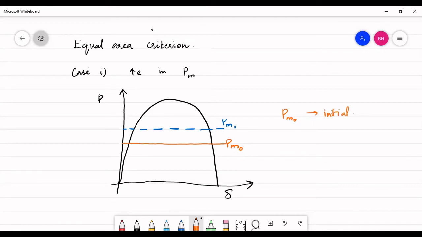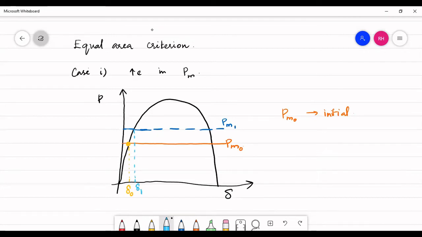So as your value is increased a little, initially we have this to be the initial operating point. So the angle corresponding to the first mechanical input, let it be delta naught, and after the increase in the mechanical input, your value of angle is increased correspondingly to a different value delta 1.